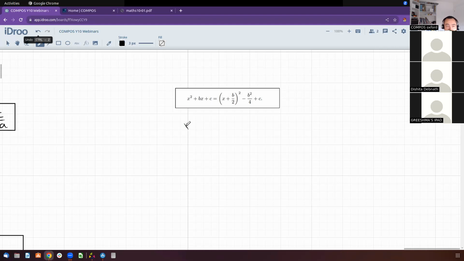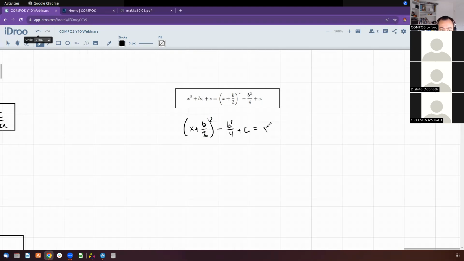Right, so let's say x squared plus bx plus c is equal to that. Well, it's easier to prove the other way around. Let's open this up. So we take x plus b over 2 squared minus b squared over 4 plus c.